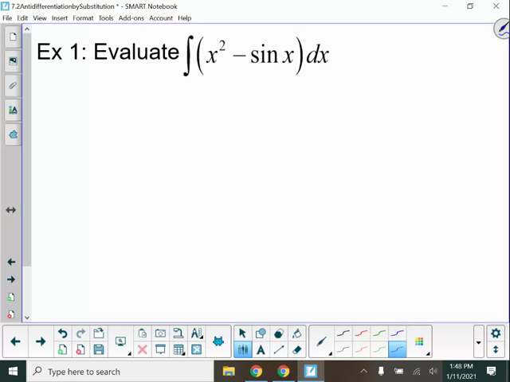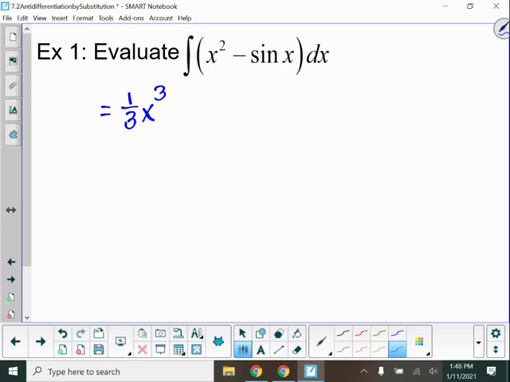Now we are going to take the antiderivative of both pieces. The antiderivative of x squared is 1/3 x cubed. So we add 1 to the exponent and then divide by the new exponent. You'll actually see more about that coming up very shortly.